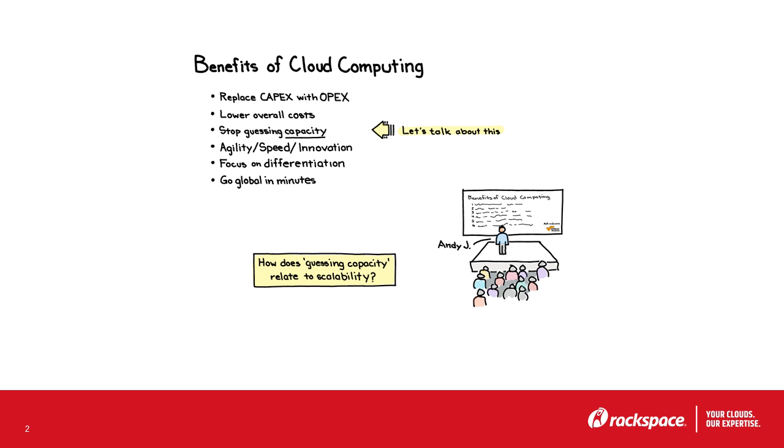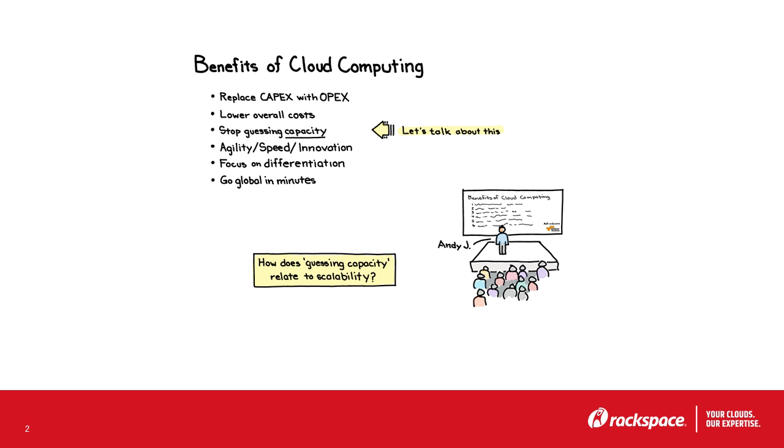It allows you to move very quickly from one product to another, from one iteration to another, and allows you to focus on the aspects of your product that differentiate you from your competitors, and not focus on the actual infrastructure that's underneath it. The final benefit is the ability to go global in minutes.